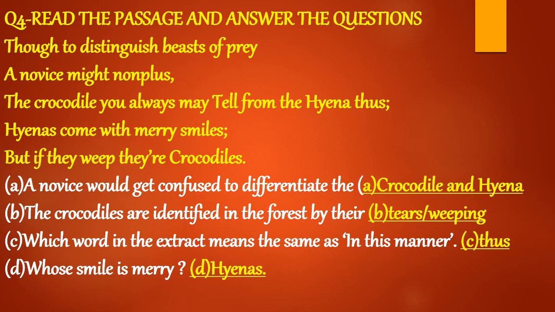So first question is, a novice would get confused to differentiate the dash. The answer is crocodile and hyena. Then question B, the crocodiles are identified in the forest by their dash. So the answer is tears or weeping.